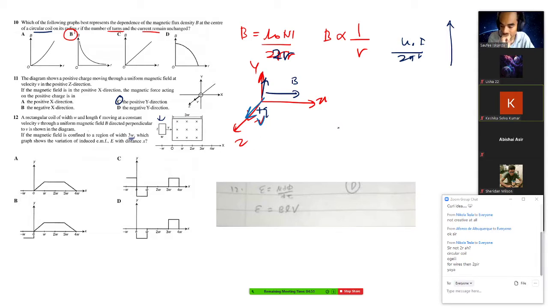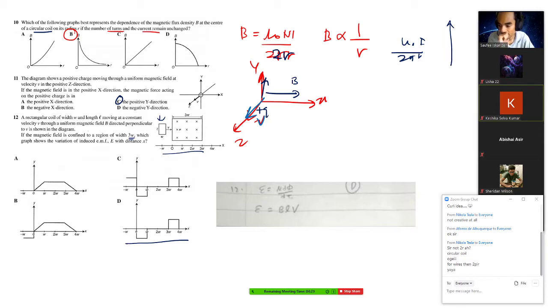So we start with 12. It is going inside, width W. So this one will be the same as the one below.